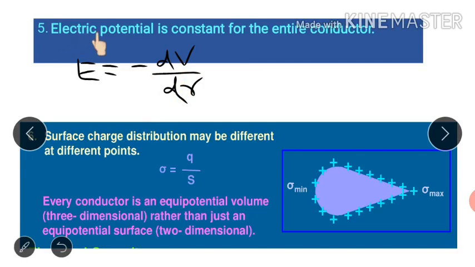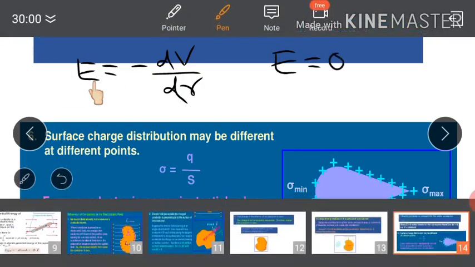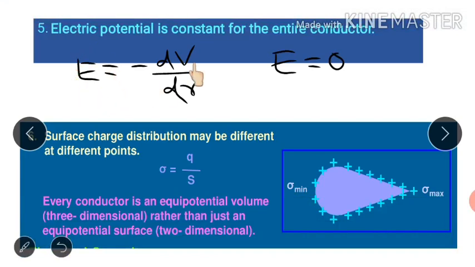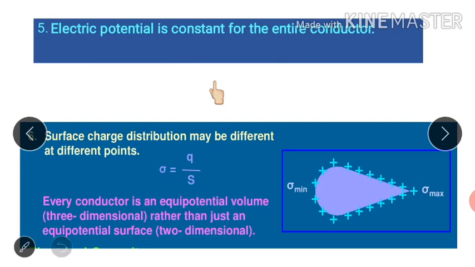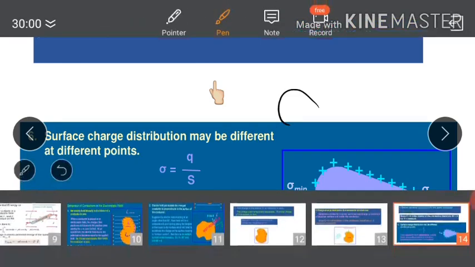Electric field is the negative potential gradient. Now we have already discussed that inside the conductor E is 0, and if E is 0, V will be constant. I hope this is clear from the formula E equals minus dV upon dr.